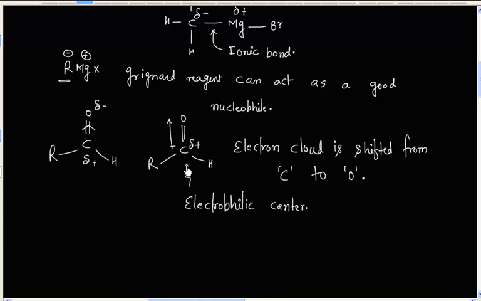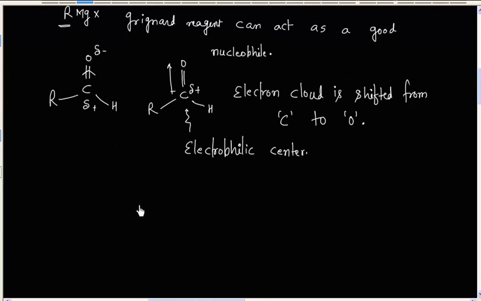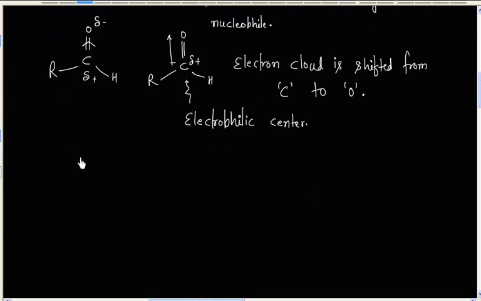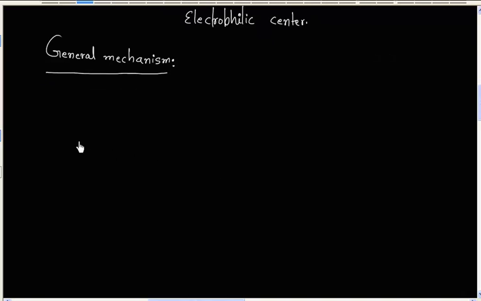Now we have an electrophilic center and we have a nucleophile, that is Grignard reagent. So we can have a reaction. Let us say the general mechanism for reaction of an aldehyde with Grignard reagent. If I have an aldehyde and let us say we have R'-MgBr, this R' has a negative charge and MgBr will have a positive charge.